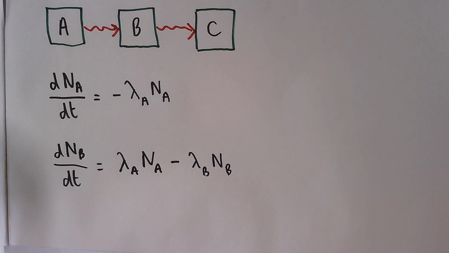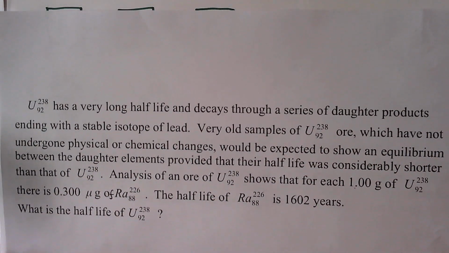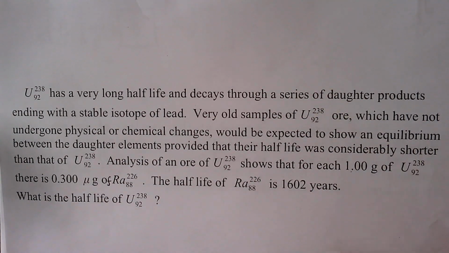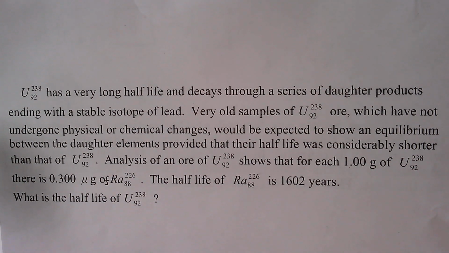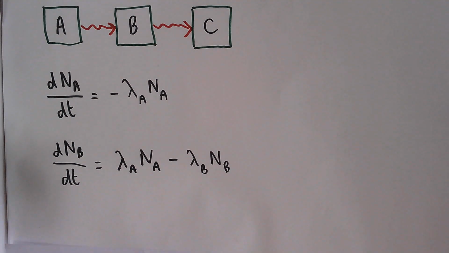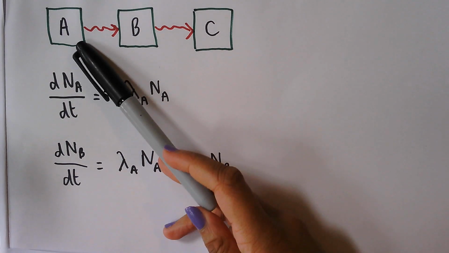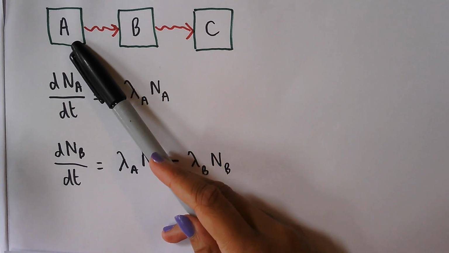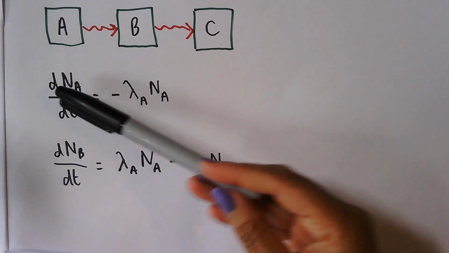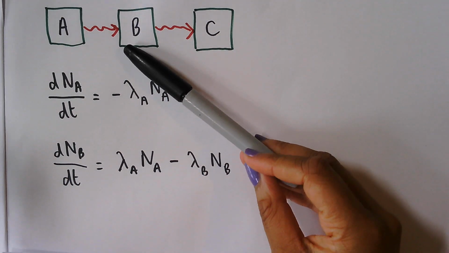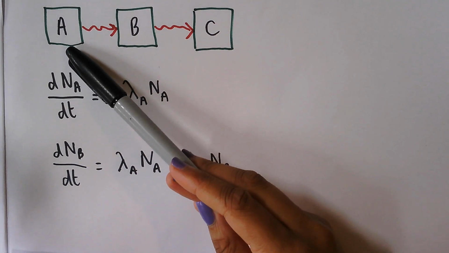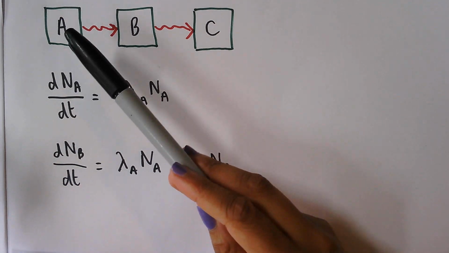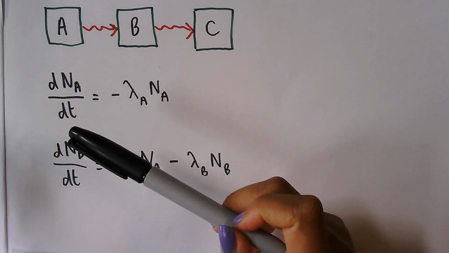Now, the question tells us that we are looking at a situation which shows equilibrium between the daughter elements. And equilibrium is something that happens when the half-life of the parent isotope, so in this case A, is much greater than the half-life of the daughter isotope B. And when A has a much greater half-life, this means that it decays very slowly, and so its rate of decay is almost constant.